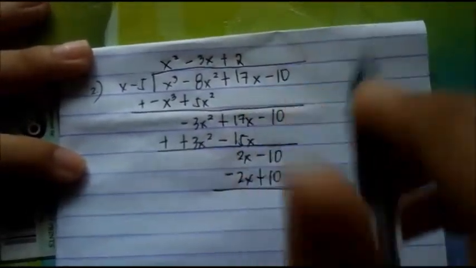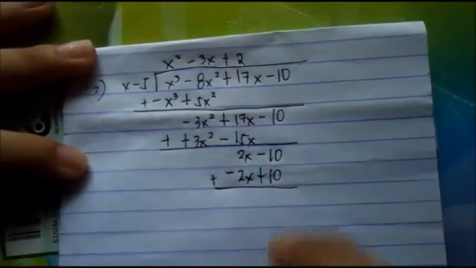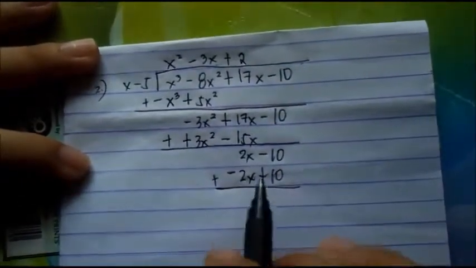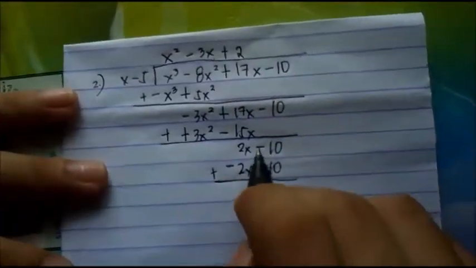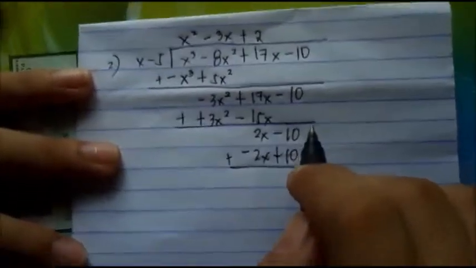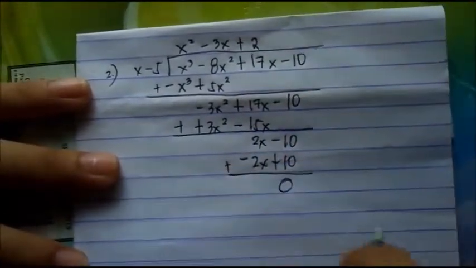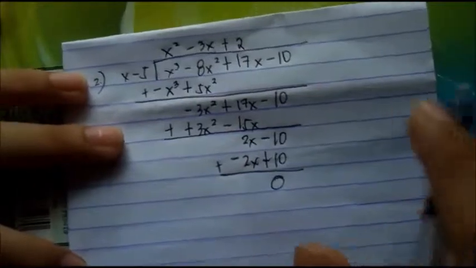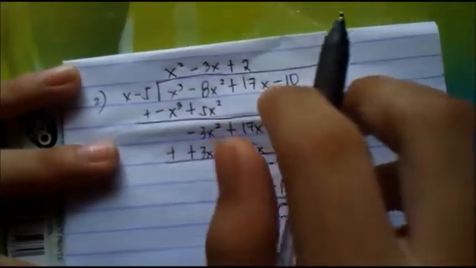So, 2x plus negative 2x equals 0. So, wala. Negative 10 plus 10 equals 0. So, our remainder is 0. So, our quotient is x squared minus 3x plus 2. Then, the remainder is 0.